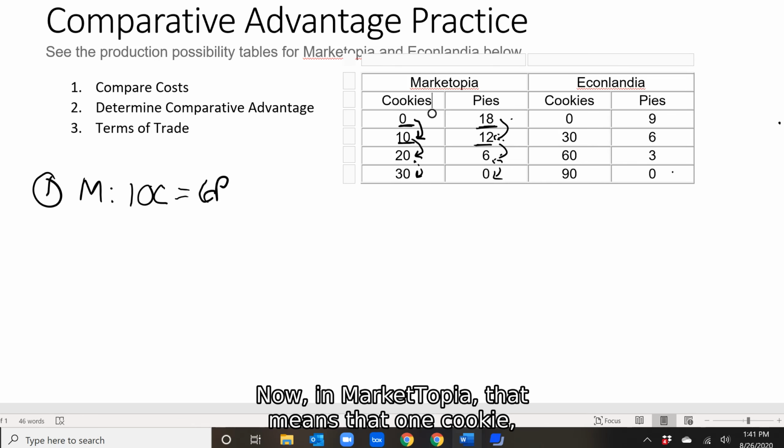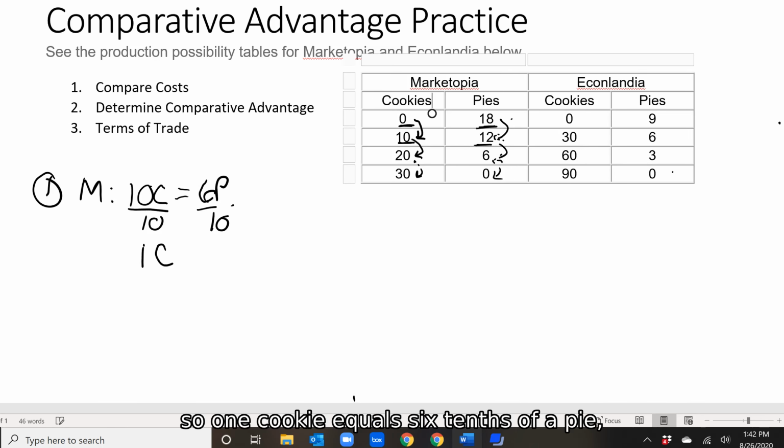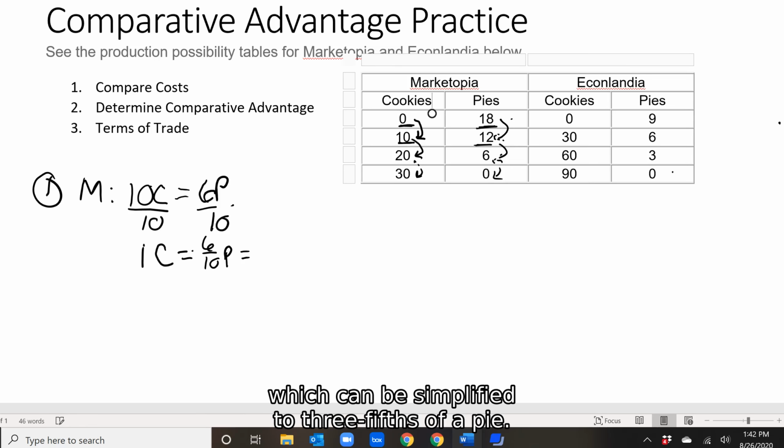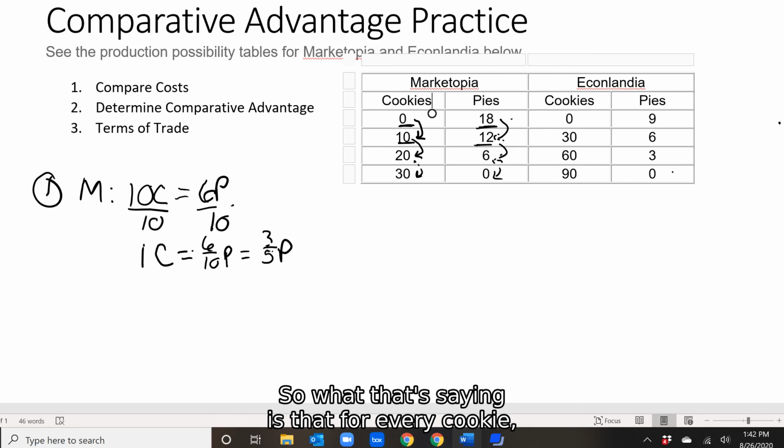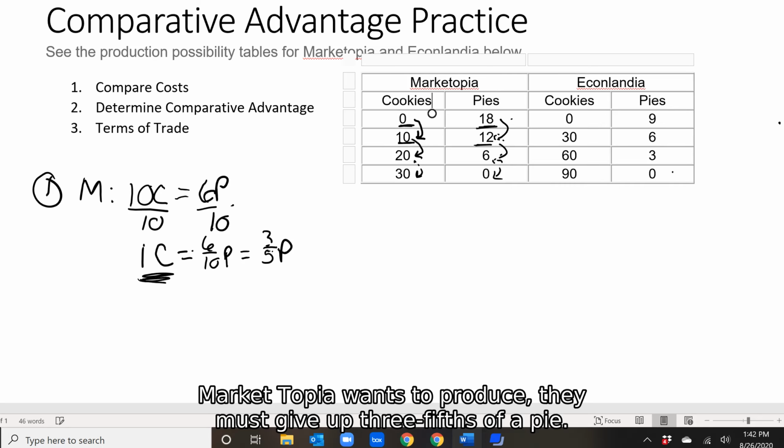Now in Marketopia, that means that one cookie equals 6/10 of a pie, which can be simplified to 3/5 of a pie. So for every cookie Marketopia wants to produce, they must give up 3/5 of a pie.